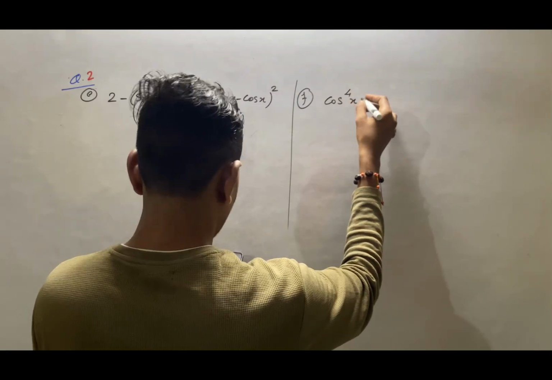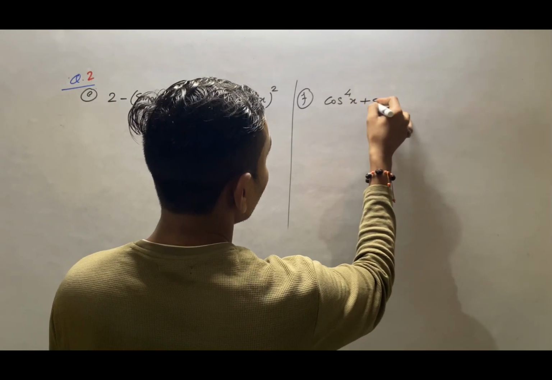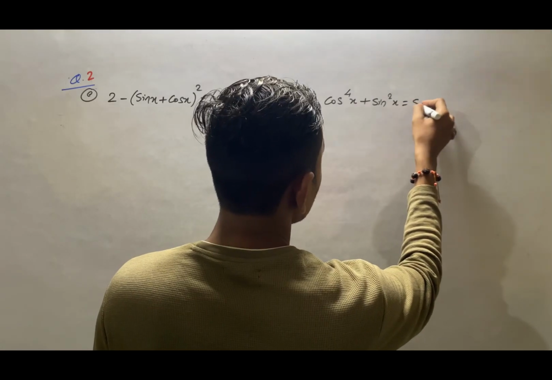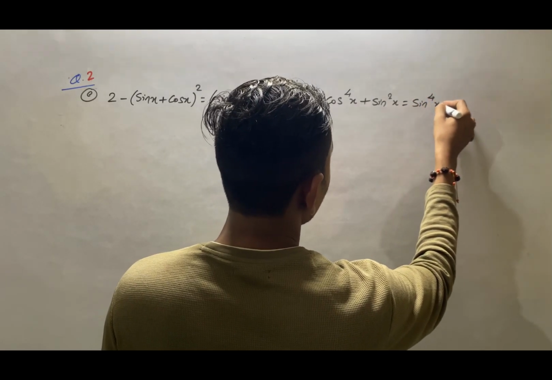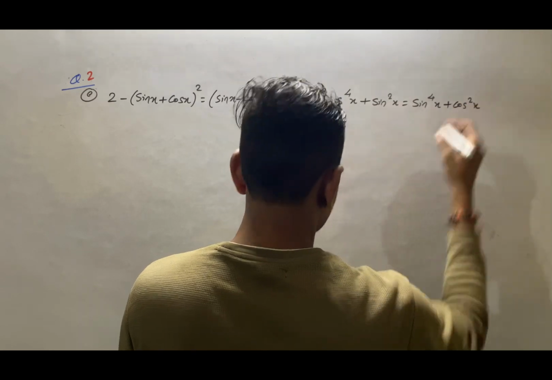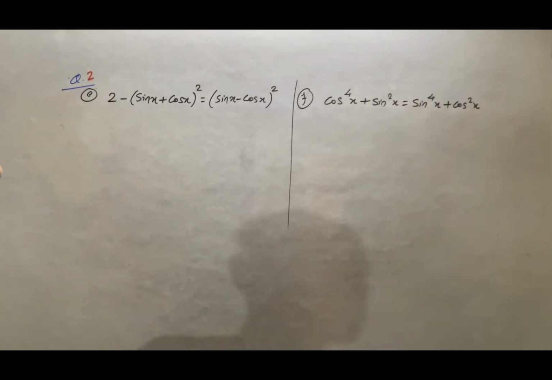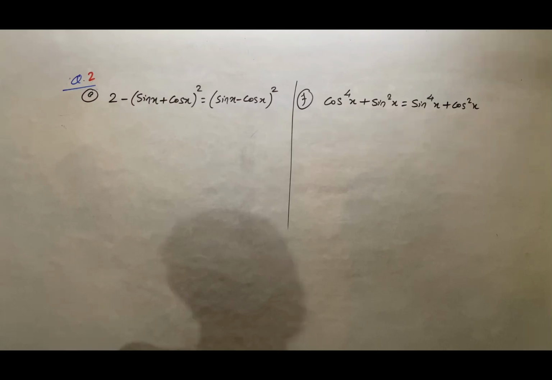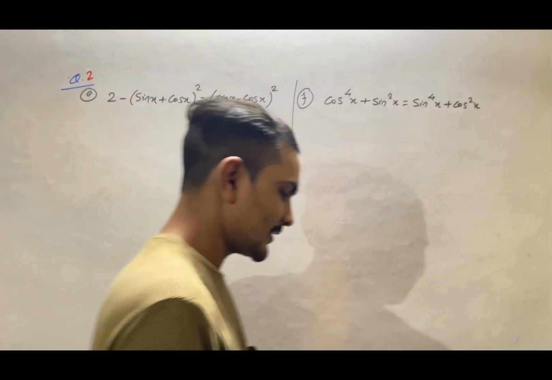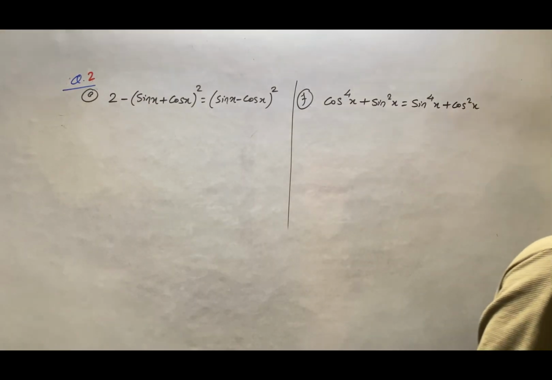Cos raised to 4x plus sine square of x equals to sine raised to 4x plus cos square of x. So let's think and let me know what we can do. Yes, yes, you have to expand LHS. So you have to apply whole square formula.